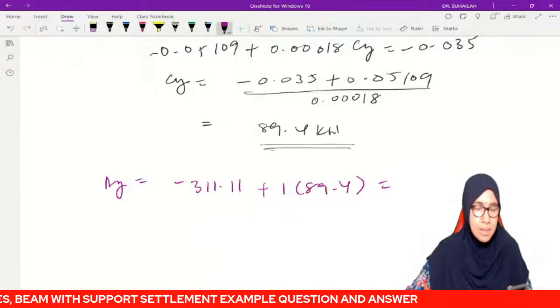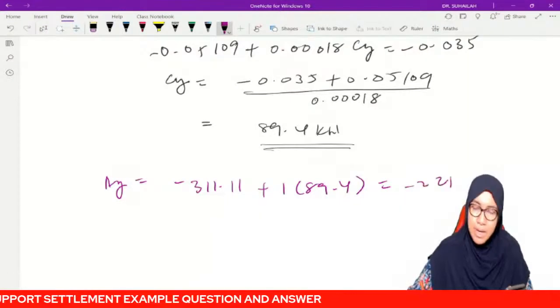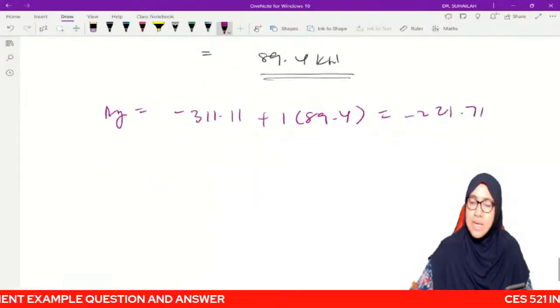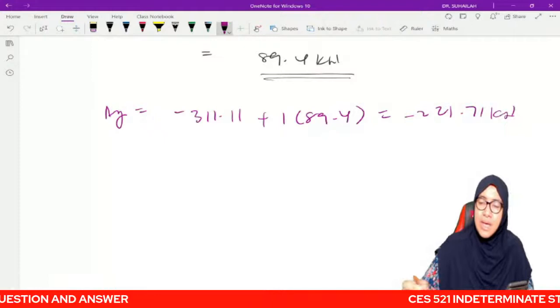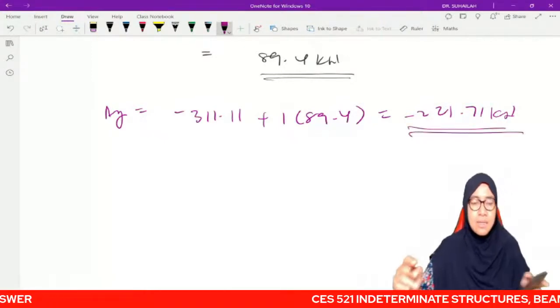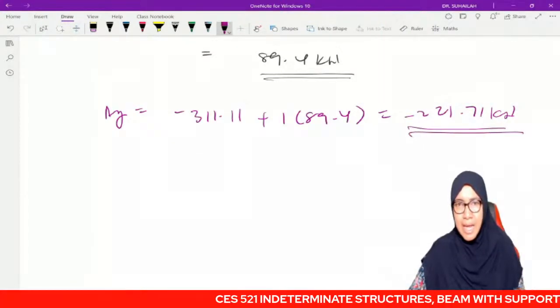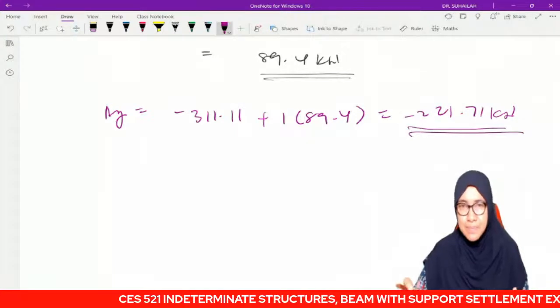So we get negative 221.71 kilonewton. This is the reaction at A after settlement.